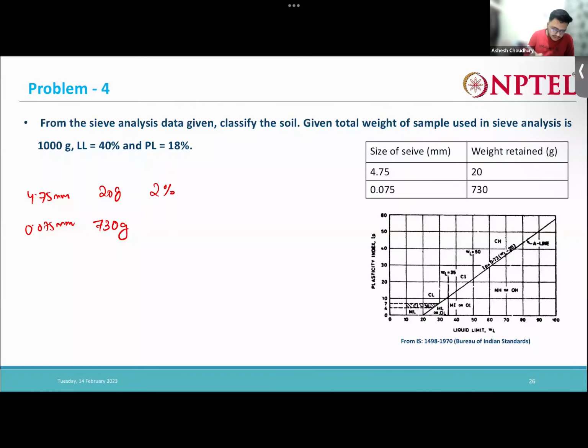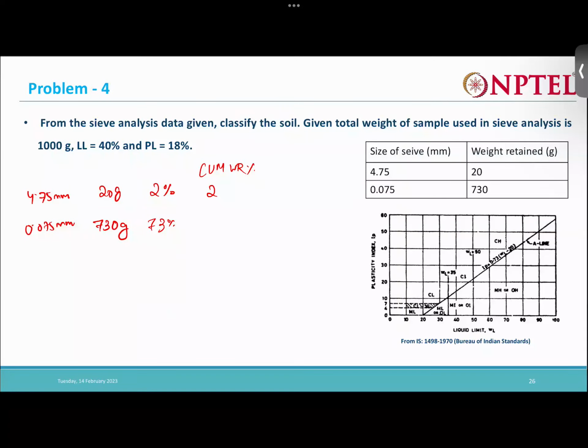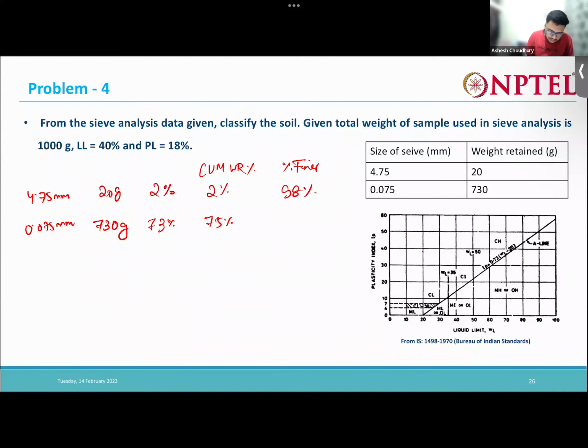And next, 730 divided by 1000 into 100, 73%. Now, what is our cumulative retained? 2%, and 75%. Correct. Percentage finer? 98% and 25%. Correct.